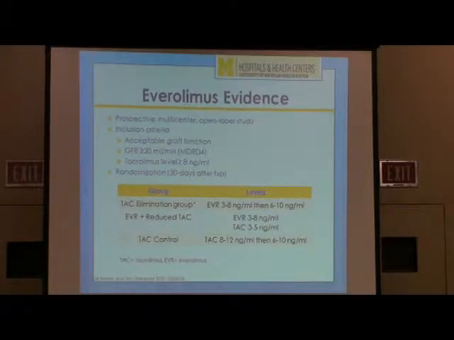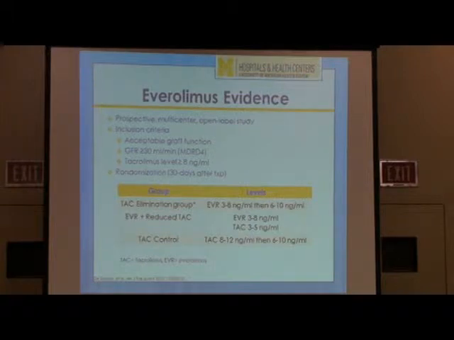So another study that was looked at was a prospective multi-center trial, and this looked at using everolimus after 30 days after transplant. This was a trial that included patients who had good graft function, a GFR greater than 30 mL per minute, and had therapeutic tacrolimus levels.